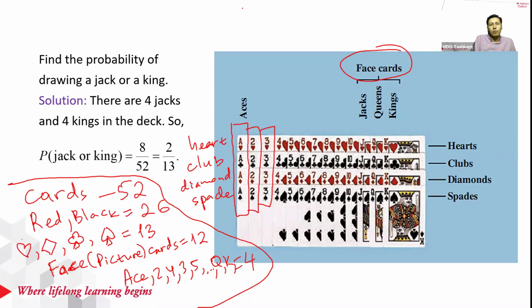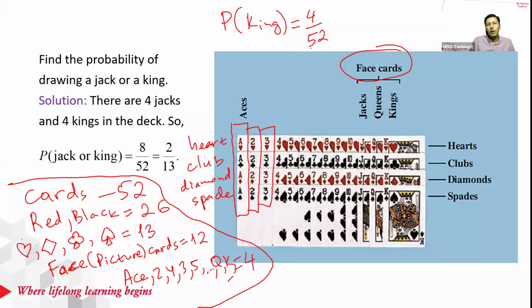So what's the probability? We take one card without seeing it. What's the probability of getting a king? How many kings do we have here? We have 4 kings out of total cards 52.